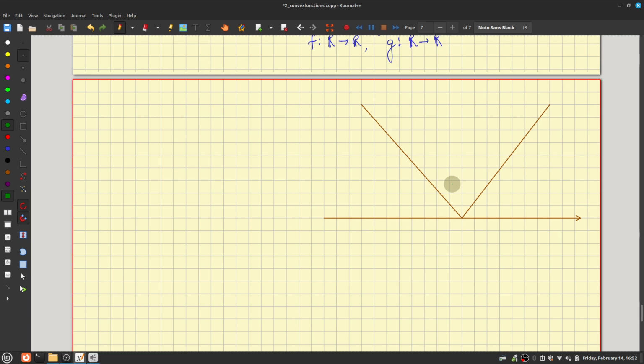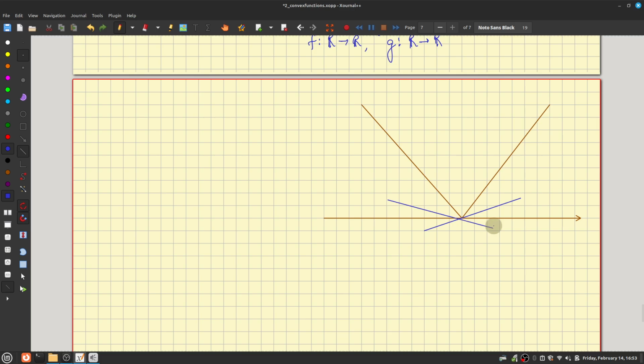No unique tangent exists, but there are multiple tangents. And in this case, every tangent satisfies that property that we had earlier.